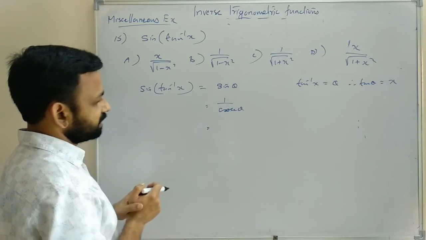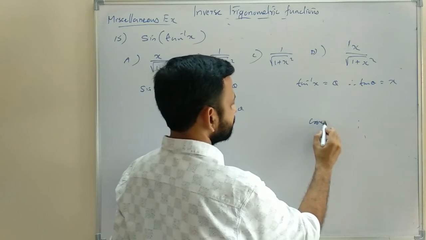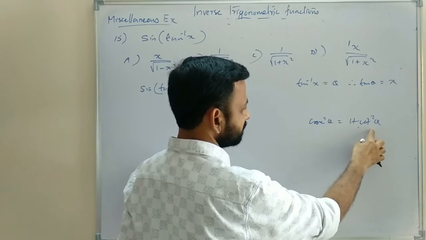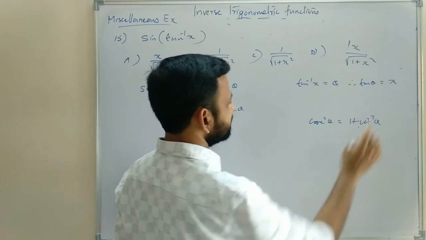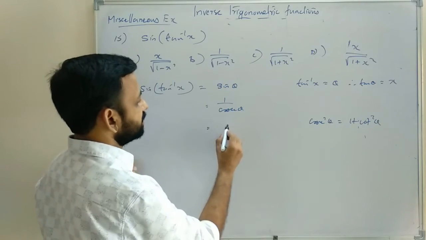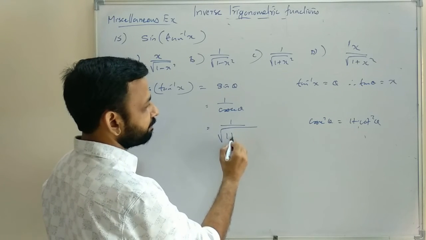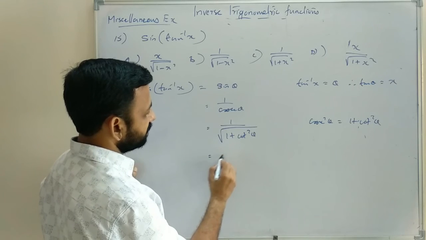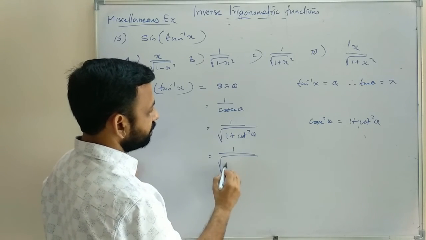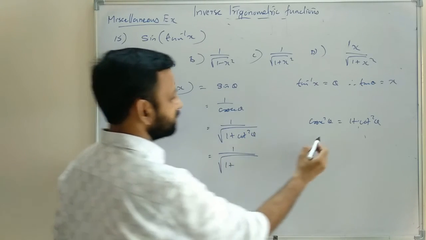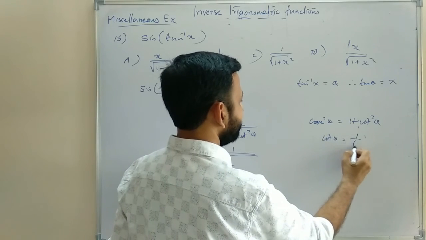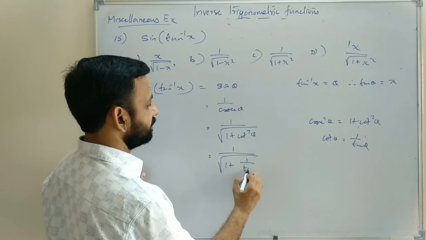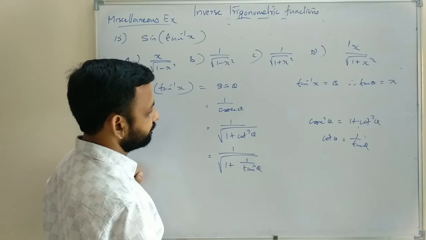So cosec square theta is 1 plus cot square theta. So that is 1 upon under root 1 plus cot square theta. Cot theta is 1 by tan theta, so cot square theta is 1 upon tan square theta.